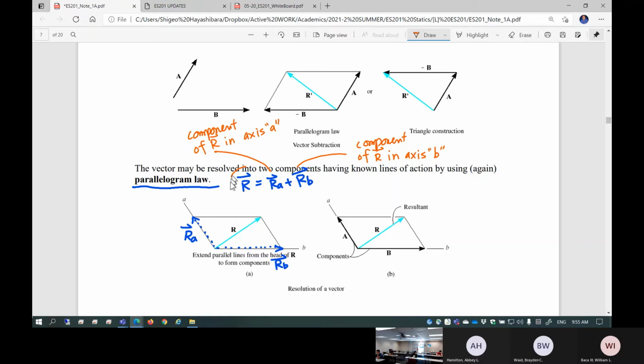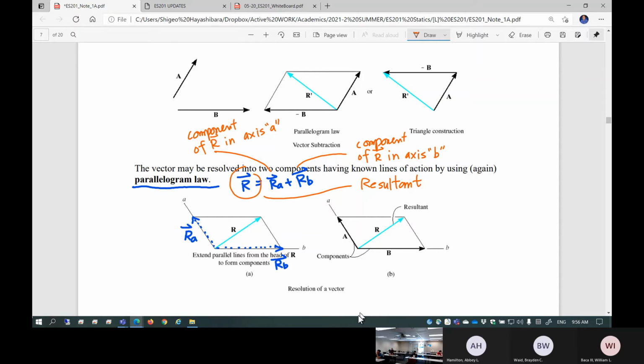So this vector R is oftentimes called the resultant, the resultant of those two components. You can resolve a vector into any components. In other words, lots of components can be combined into a single vector.